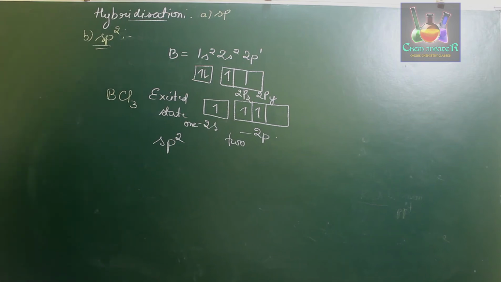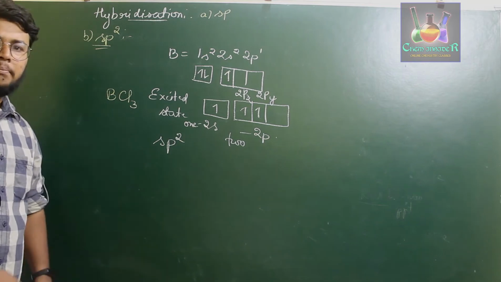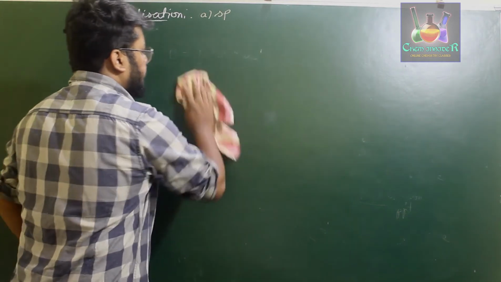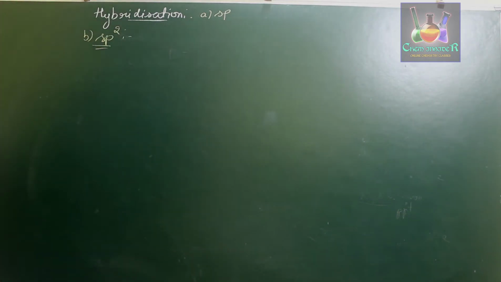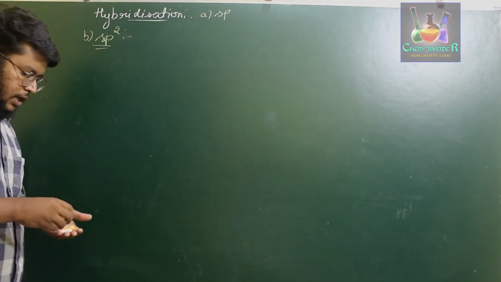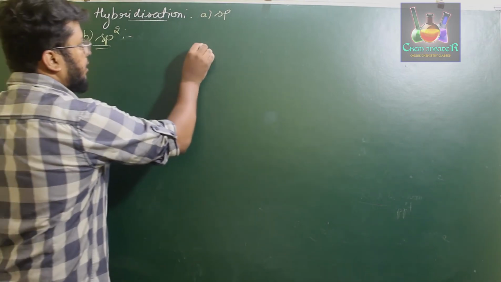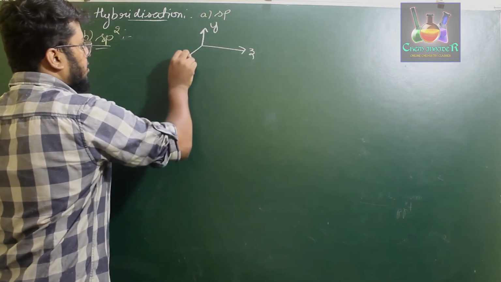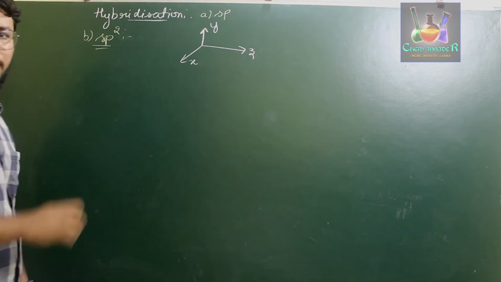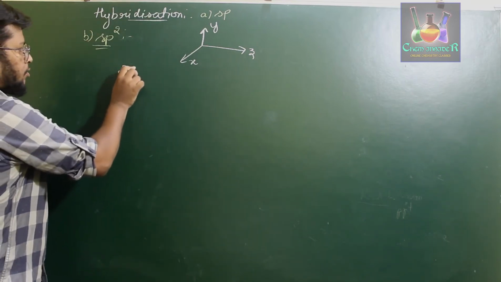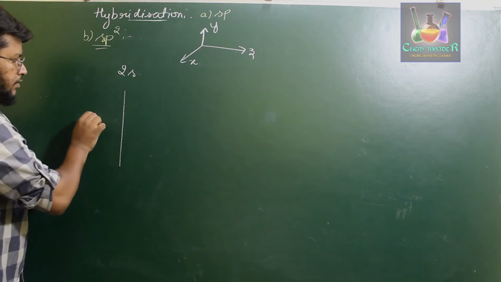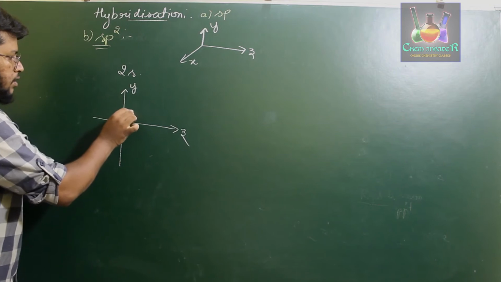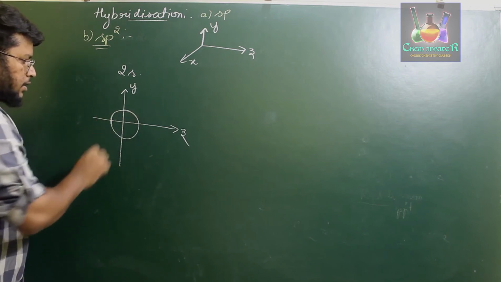Now for the diagram in which the s orbital and p orbitals overlap to form the respective hybrid orbitals, consider the axes: let this be the z axis, this be the y axis, and this the x axis, which is perpendicular to the plane of the board. The 2s orbital will be of this particular shape, that is always spherical.